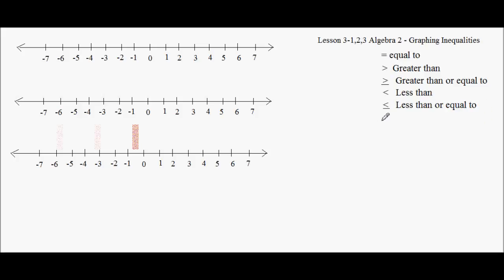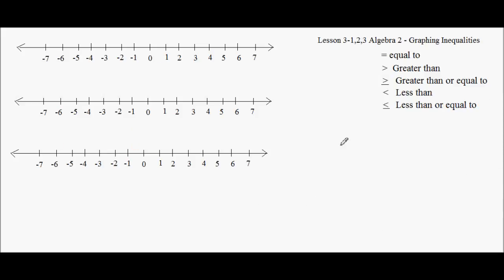And then you could also have the not equal to, which is an equal sign with a line through it. If I could do it better, not equal to, but we don't deal with that right now. So the inequalities are then these.